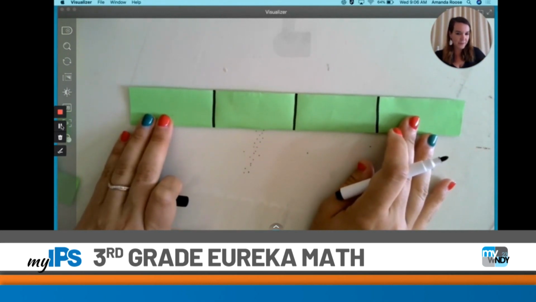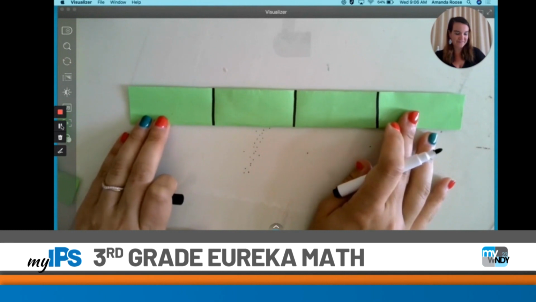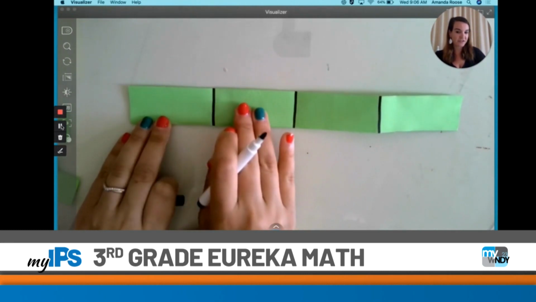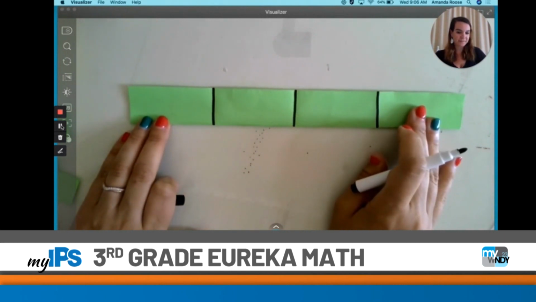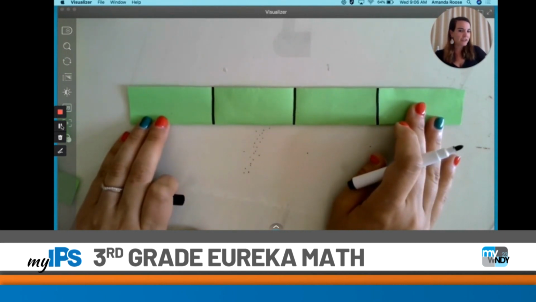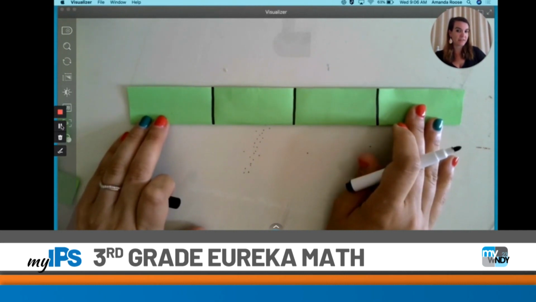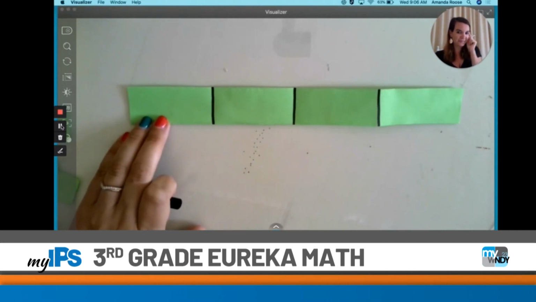How many equal parts do we have? 1, 2, 3, 4. If our fractional unit for 2 equal parts was called a half, think to yourself if you remember what our fractional unit for 4 equal parts is called. Think first.